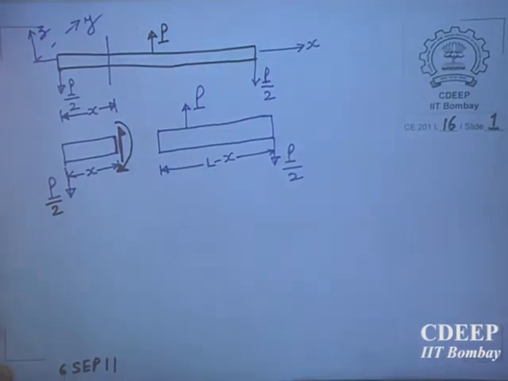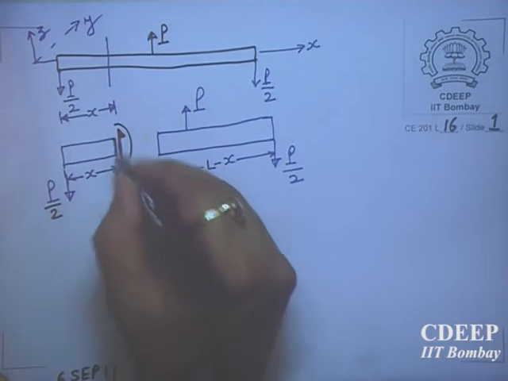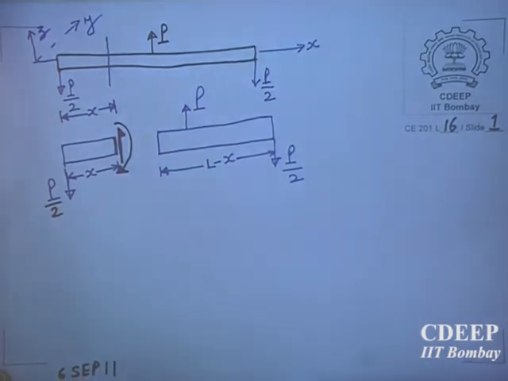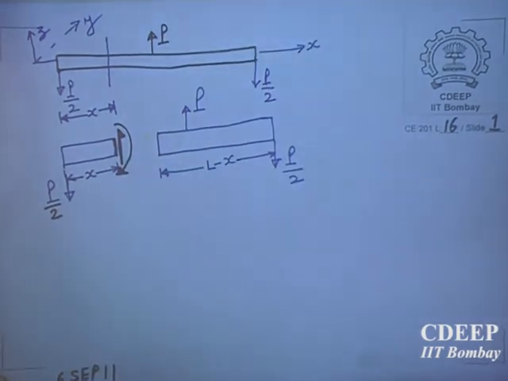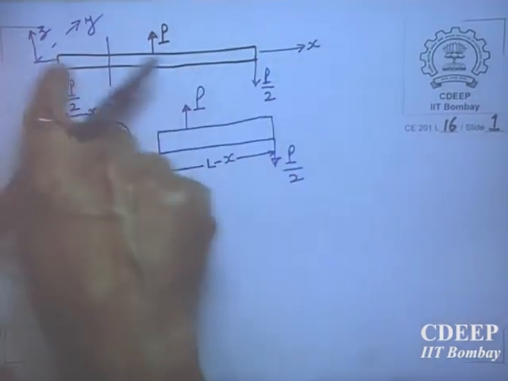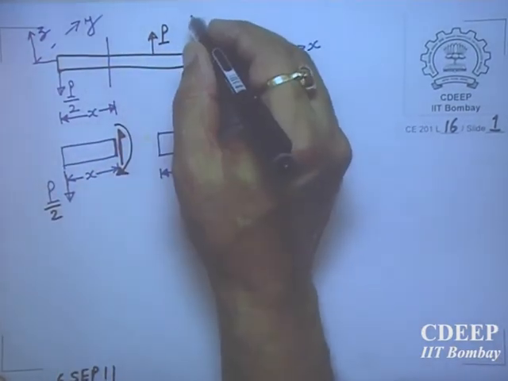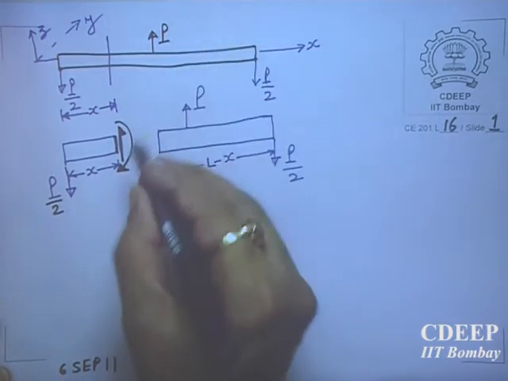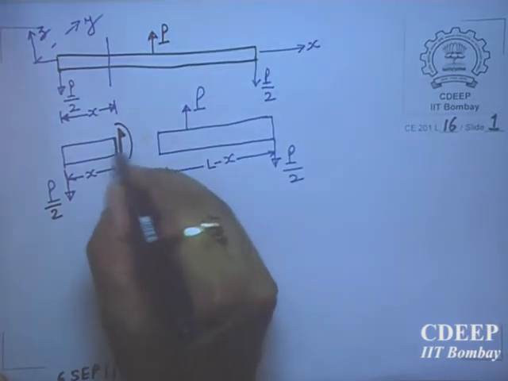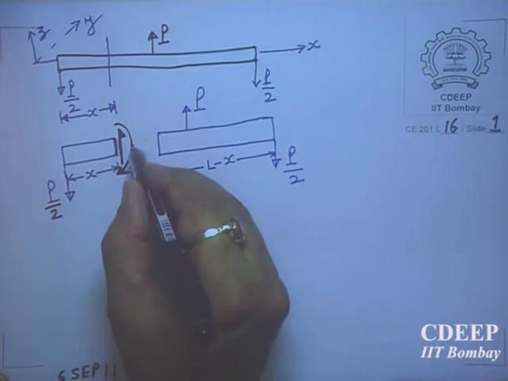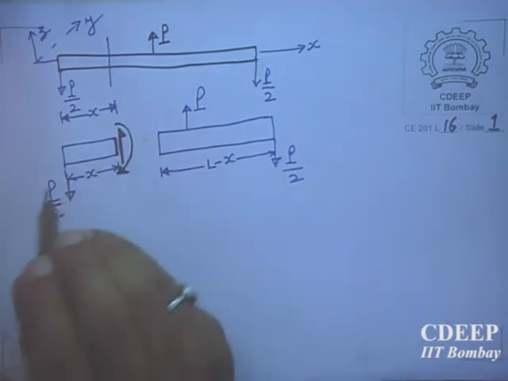Similarly, if it is there here, like this, and in general, because in this beam there is no horizontal force, but had this load been inclined, there would also be an axial force here. These are all integrated forces.